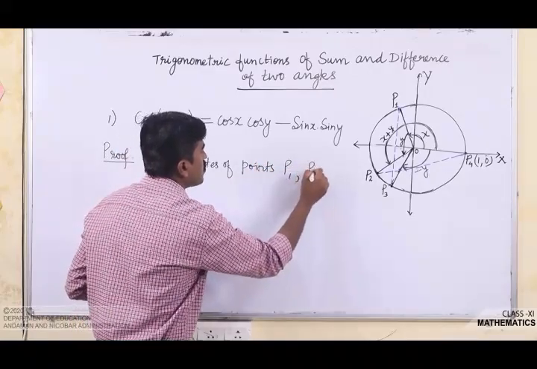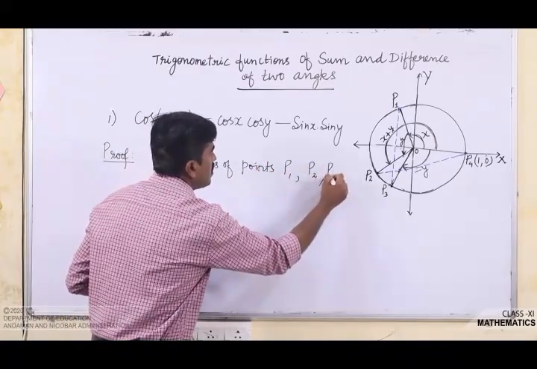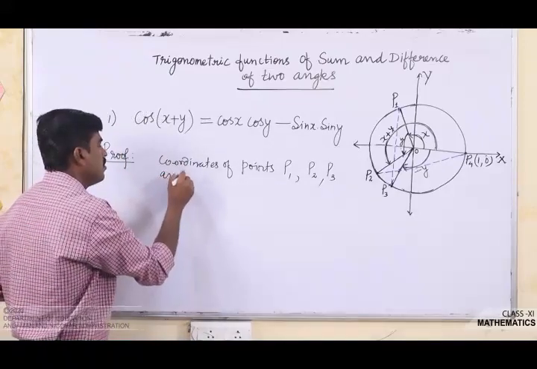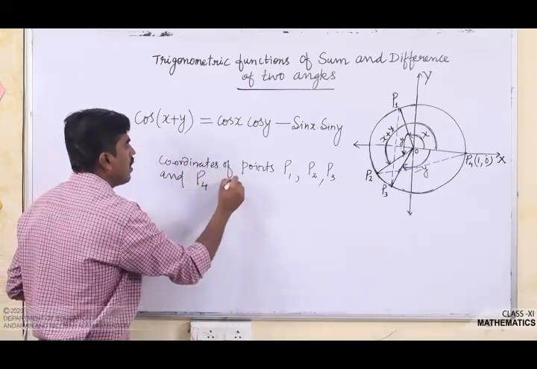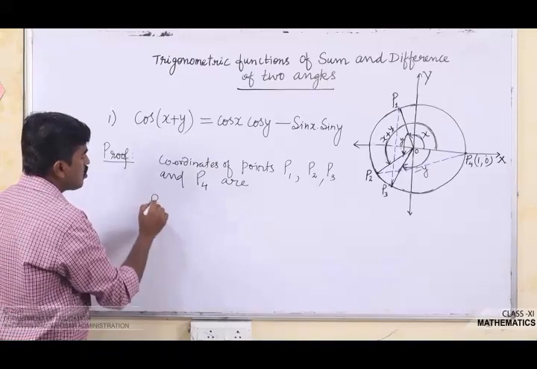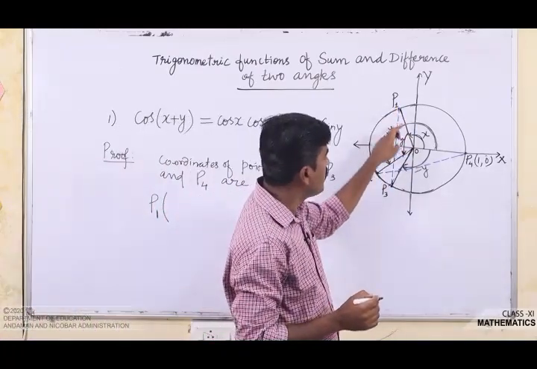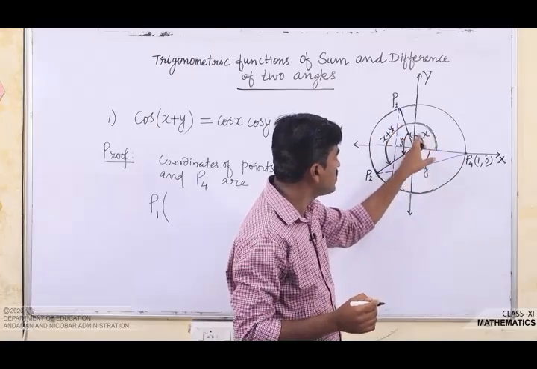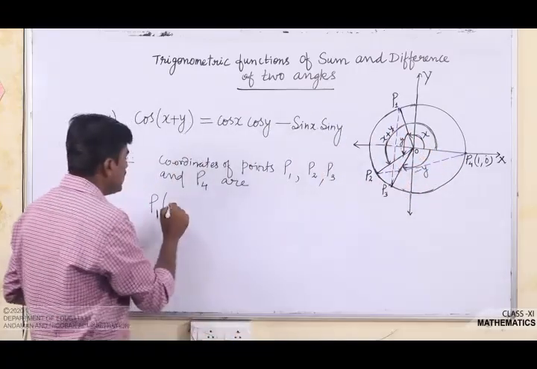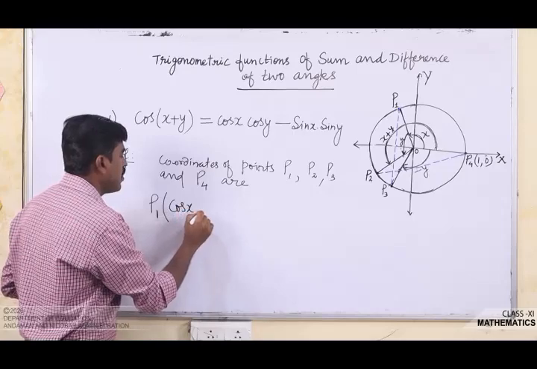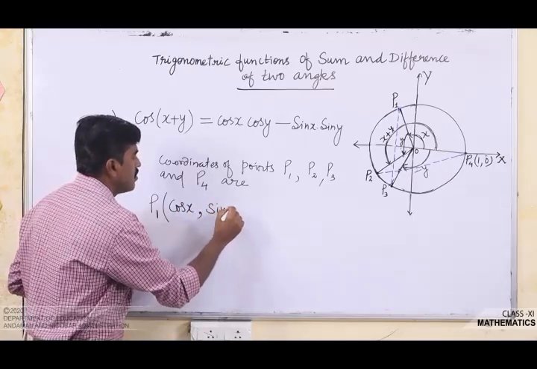So, the coordinates of points P1, P2, P3 and P4. What are the coordinates of P1? Because the angle P4OP1 is x, it can be taken as cos x comma sin x.